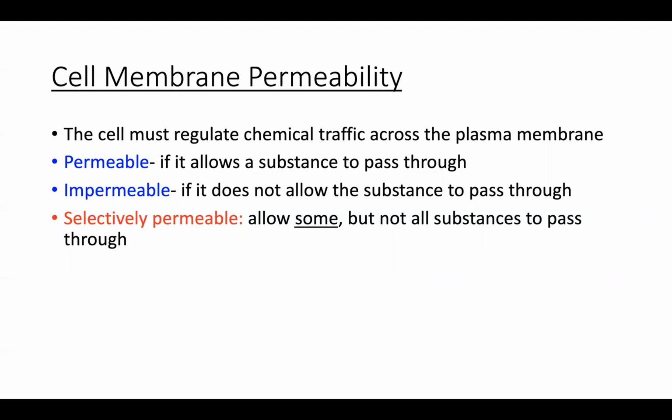Okay, and so a selectively permeable membrane is one that is going to allow some substances to pass, but not all substances can readily permeate and move through that membrane. Okay, we're going to see shortly how other mechanisms are going to be required to get those larger complex molecules across that cannot easily permeate the cell and diffuse across without assistance.